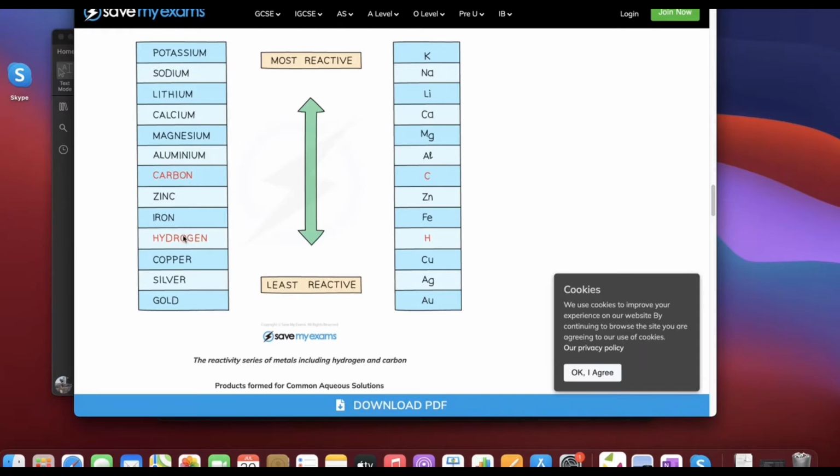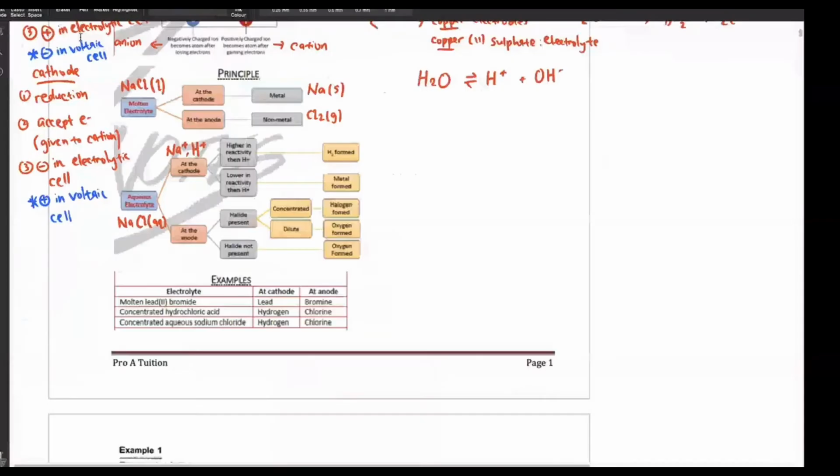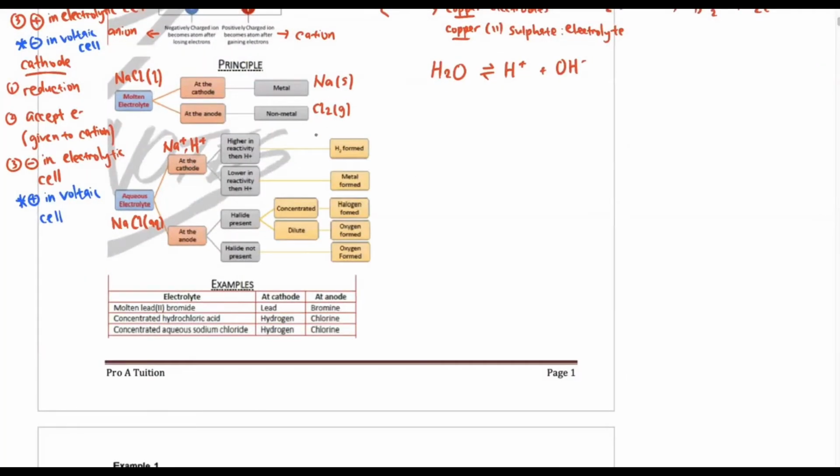So that's why hydrogen will form product. Hydrogen is reduced. Okay, so that's the thing. Na+, H+. At the end, we choose H+. Why do we choose H+? Because H+ is less reactive, then it is reduced.